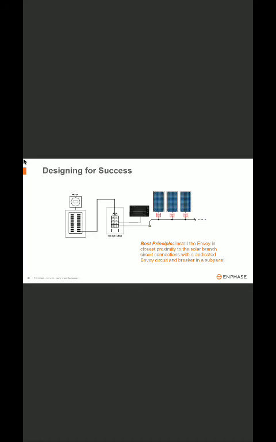By installing a PV load center, it gives you flexibility to isolate the Envoy and microinverter from potential noise sources coming from the main load center. Usually that's the reason we say you should have a PV load center where your Envoy should have a separate, dedicated breaker, right? So that you have a separate circuit for the Envoy.